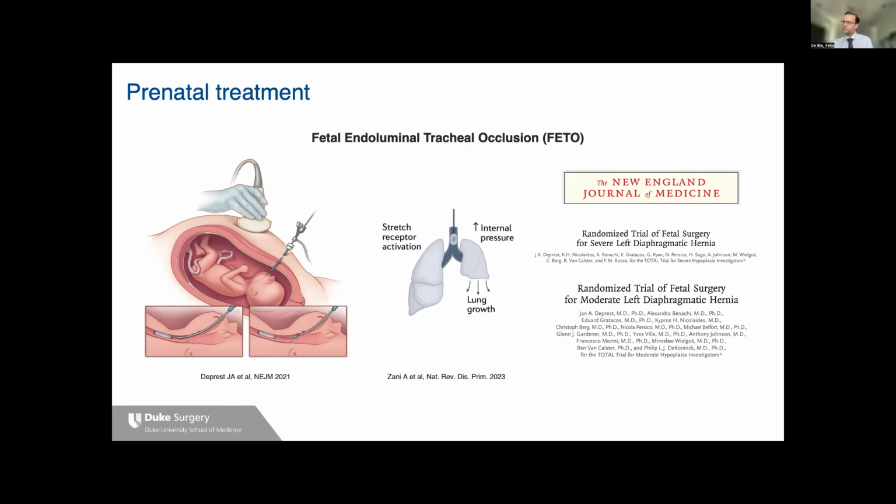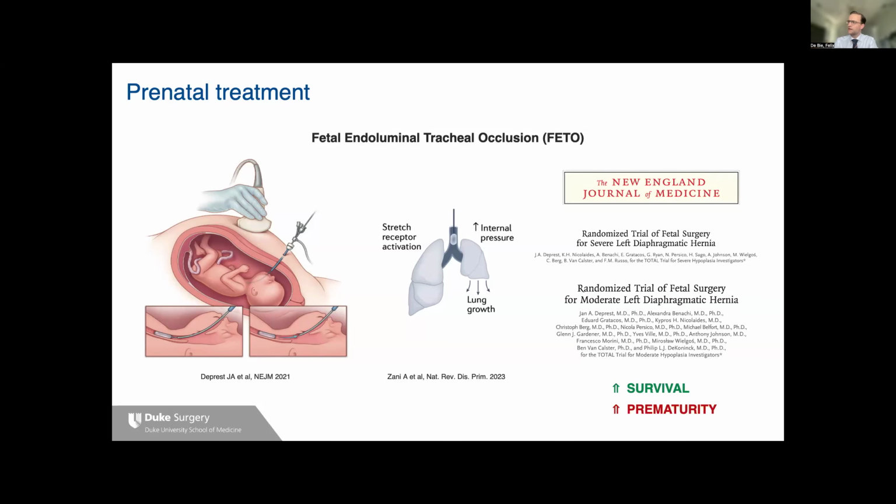And then two randomized controlled trials that were mostly done in Europe, investigating FETO, so the balloon occlusion, in moderate and severe types of CDH, showed that there was a benefit in survival. However, the Achilles heel of the whole technique was shown to be prematurity.